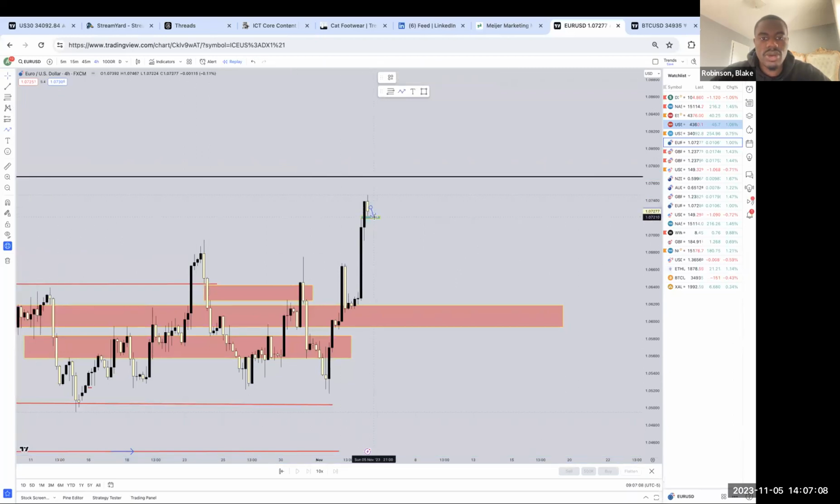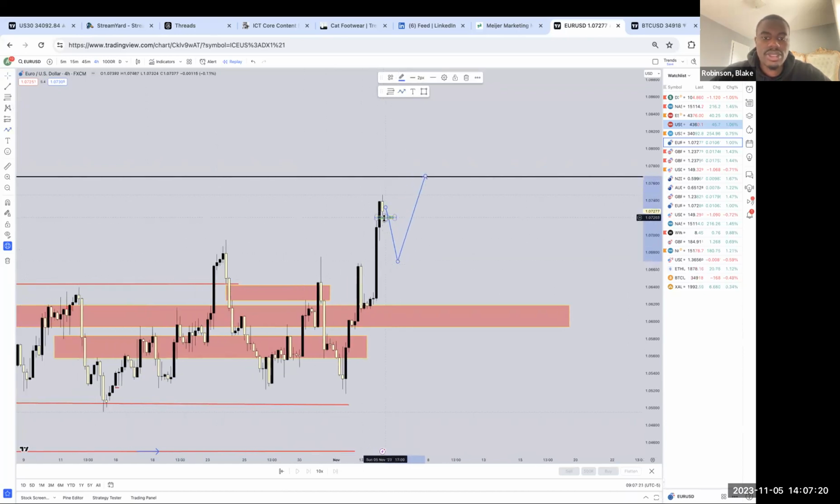Into this zone, we could go as deep as this breaker right here, or this high right here, and then do something like that. So I'm looking at this zone right here, and if price doesn't break past here, I'm specifically looking at this high to see if we can get a play back into that zone to go long at 1.0679.